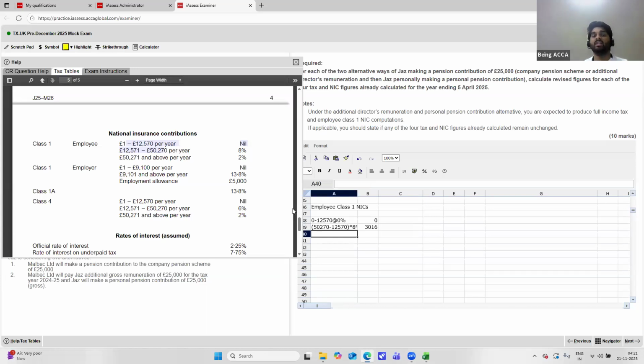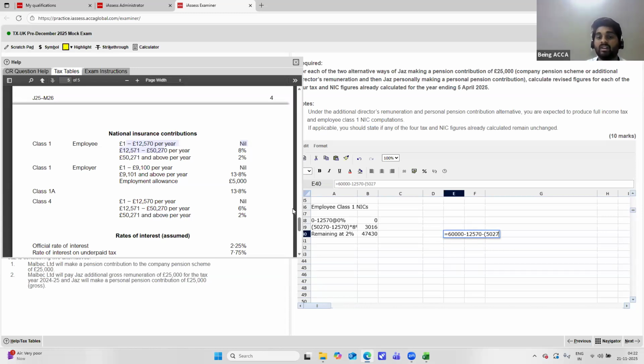Now, for the remaining amount at 2%, how do we calculate that? It is equal to 60,000 minus 12,570. Similar to what we have done earlier, you can always use rough work to calculate that. It is 60,000 minus 12,570 minus, how do you calculate it?